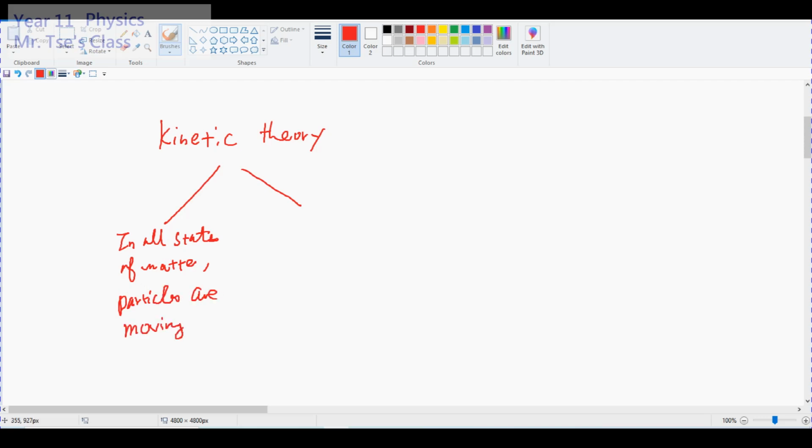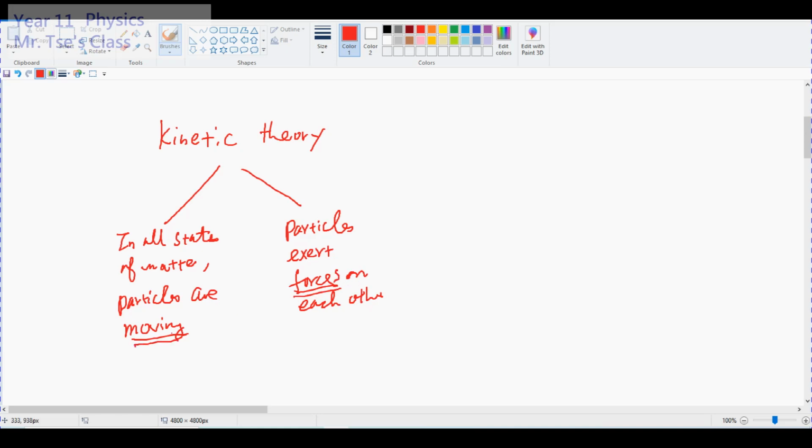That's what we need to know, the moving. And also we know that in all states of matter, particles exert forces on each other. So there are forces.